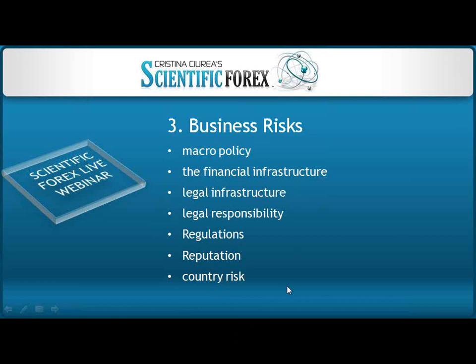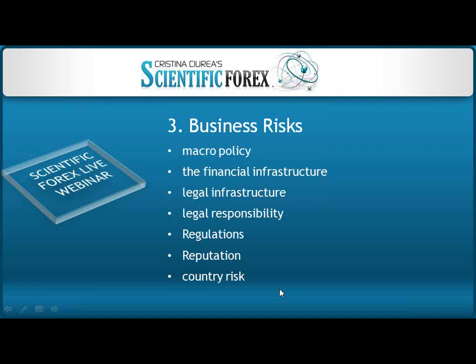The last risk of these types of risk is the country risk. And actually we have several agencies like Moody's or Fitch or Standard & Poor's that are making from time to time analysis of the countries, and we have quotation for the economy of those countries and recommendation for investment in the financial instruments that those countries are proposing.